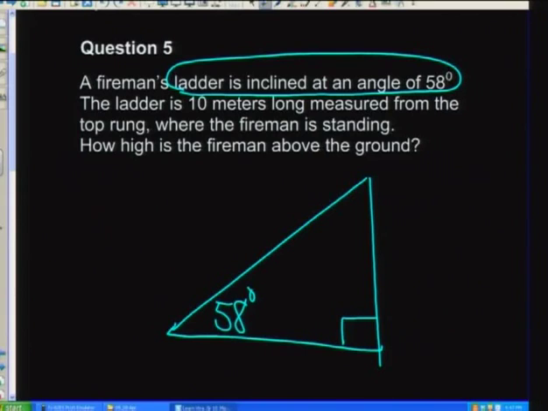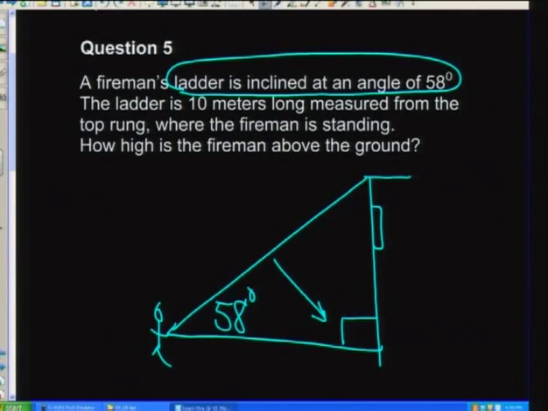So there's my ladder. In other words, my ladder is creating the hypotenuse. If you think of this as the wall, and there's my window, then the fireman is standing somewhere over there, and he's going to climb the ladder to the top of the building.